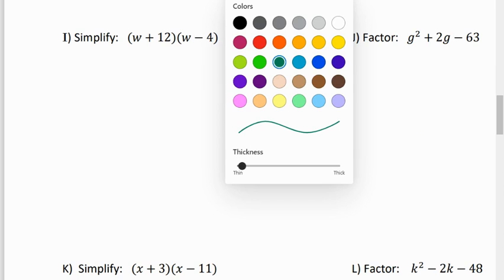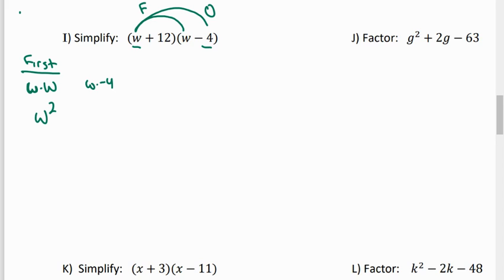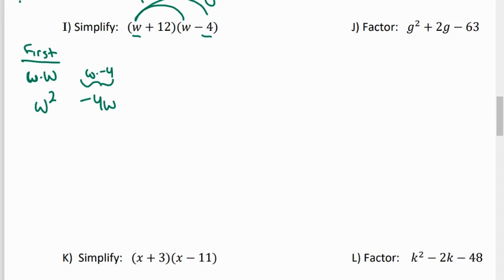All right, so we're going to start again with the multiplying. If I take my first term here times my first term there, I'll get W squared. If I take my outside terms, the W and the negative 4, I get negative 4W.